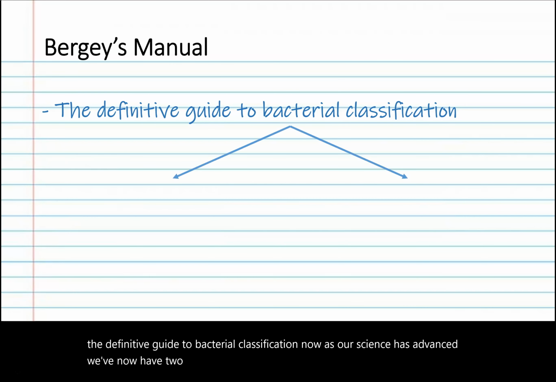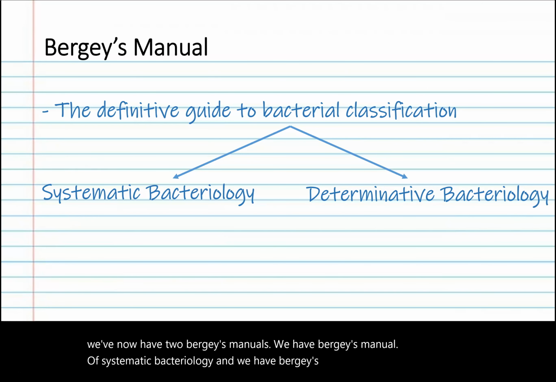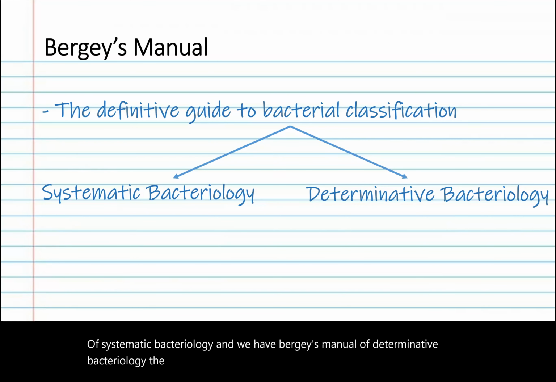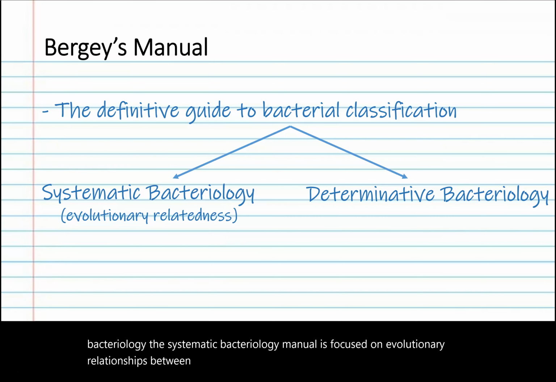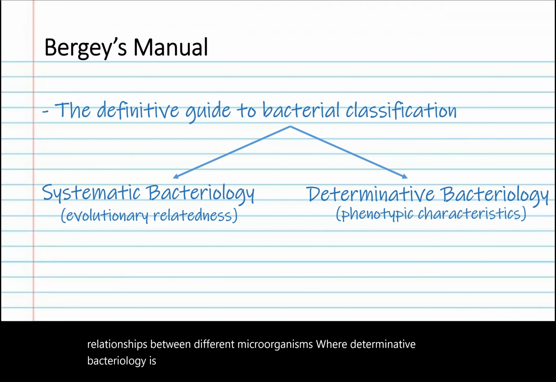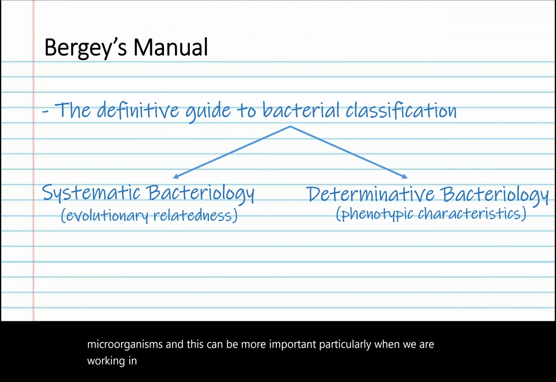We have Bergey's Manual of Systematic Bacteriology, and we have Bergey's Manual of Determinative Bacteriology. The Systematic Bacteriology Manual is focused on evolutionary relationships between different microorganisms, whereas determinative bacteriology is more focused on the physical characteristics of our microorganisms, and this can be more important particularly when we are working in a clinical laboratory, right?